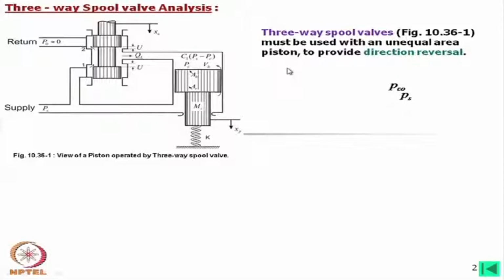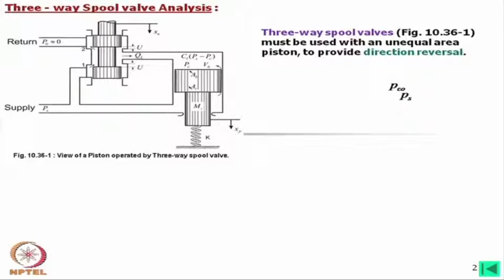but four-way valve normally which are used for the motion control, that is we control the velocity, we control the position, we control also pressure there.